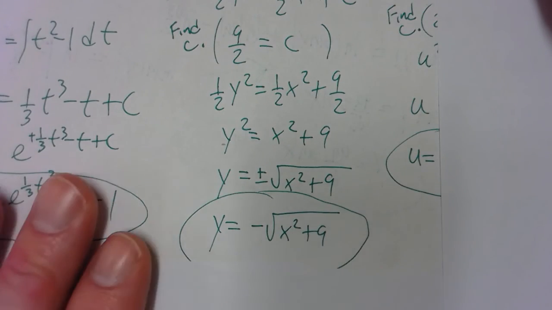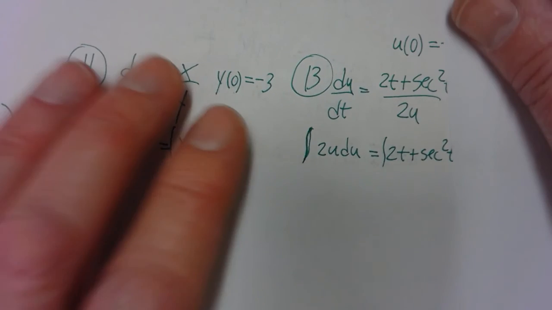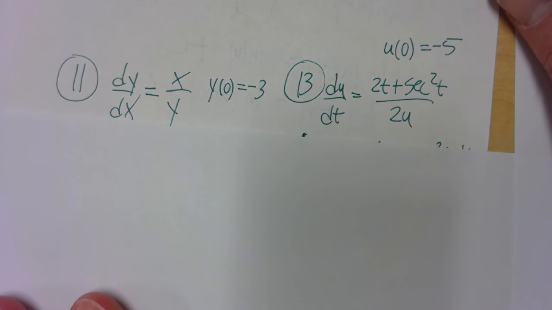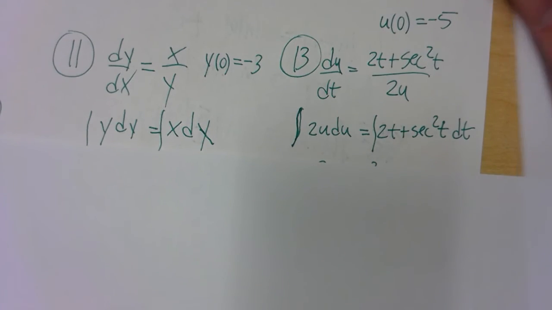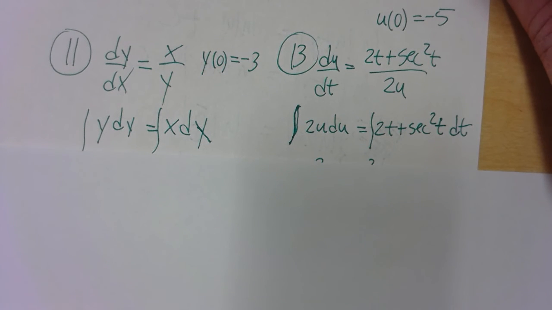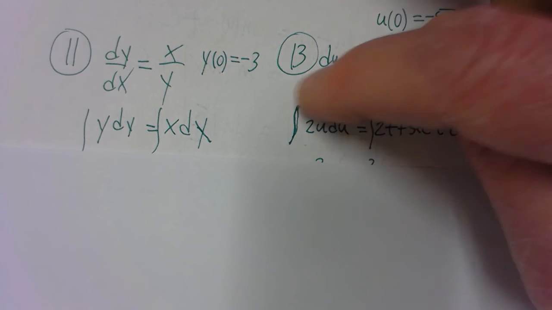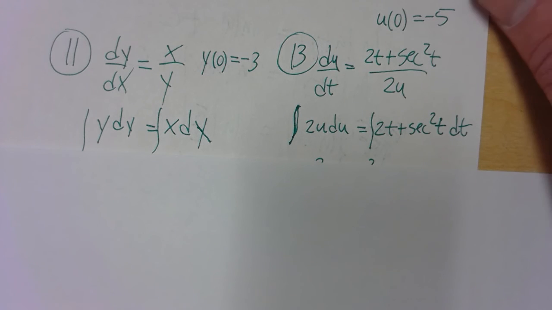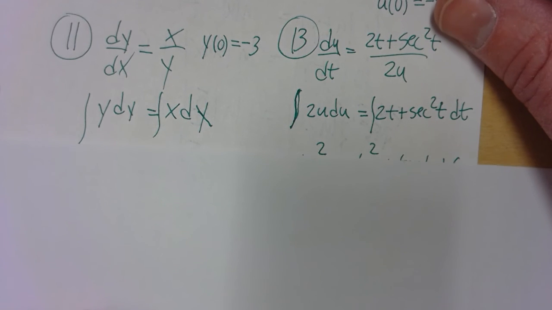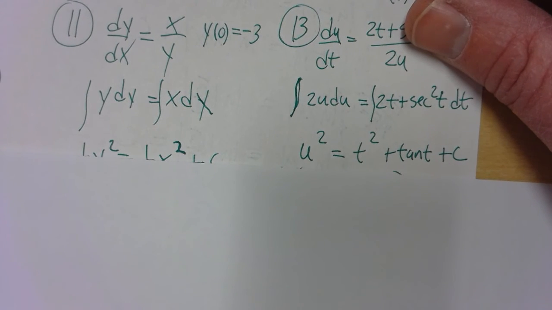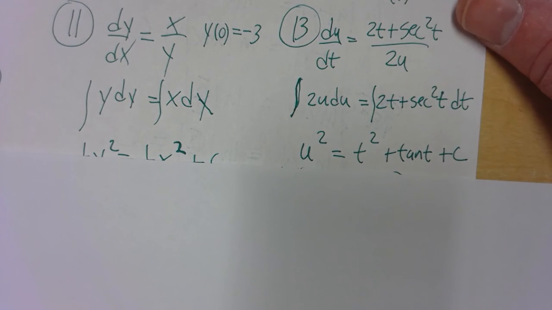Okay, number 13, this one here, the u would come over, the t would come this way. So there it's separated. So you multiply that over. Antiderivative of secant squared is tangent, right? Derivative of tangent is secant squared. And you get u squared, the c's on that side.